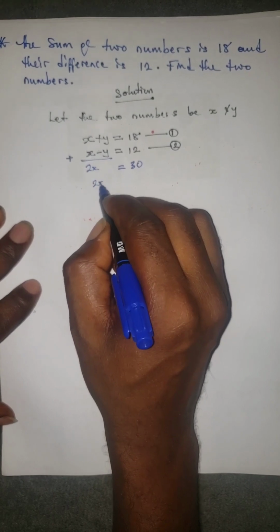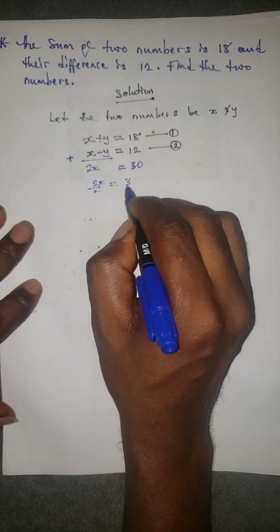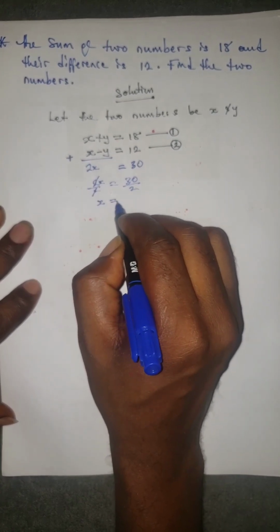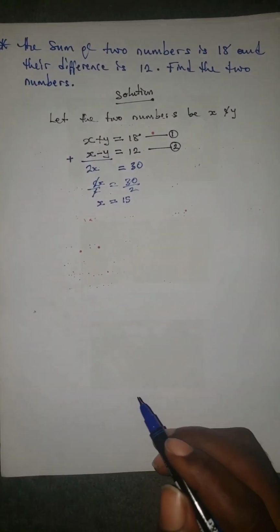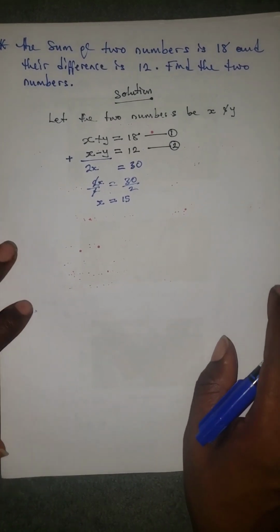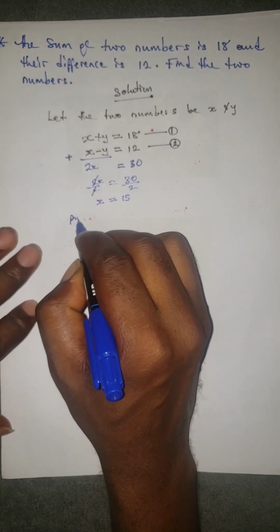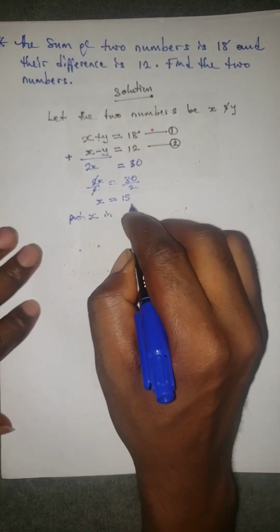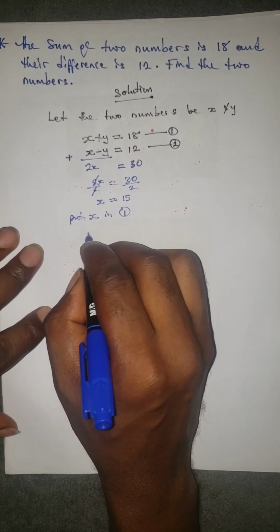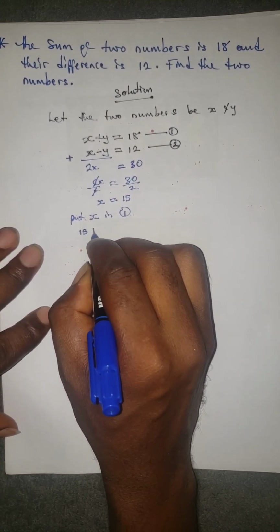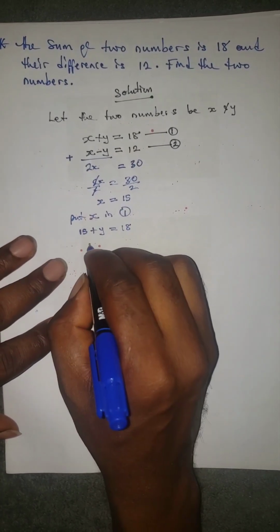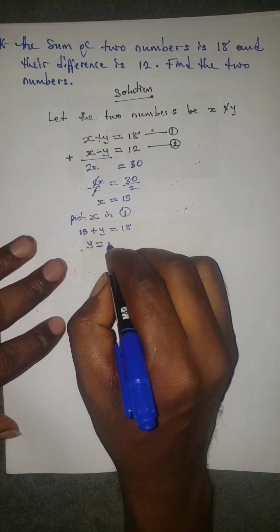When you divide both sides by 2, you have 30 over 2, which gives x equals 15. So you have gotten your x. The next thing is to find y. You can put your x in equation 1. Anywhere I see x, I will put 15. That will give us 15 plus y equals 18. When this 15 travels over there, we have that 15.